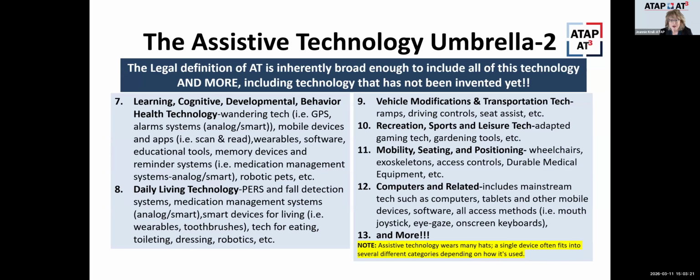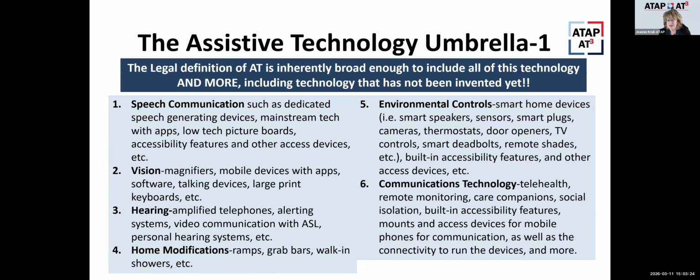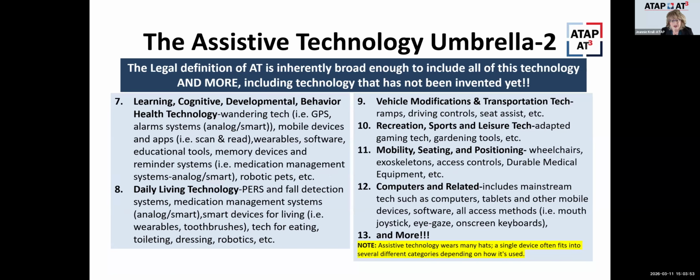It really includes all the environmental controls, those smart speakers with accessibility features, the communications technologies, such as the Eloquist, I'm trying to remember the name of that one device, so that people can talk back and forth, and home modifications and hearing devices, and different types of learning and cognitive devices, fall detections, PERS, computers, seating, mobility, all kinds of things.